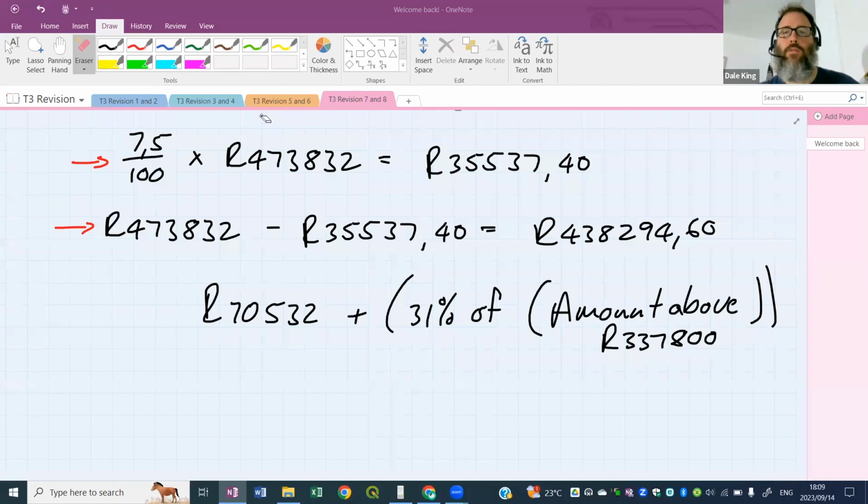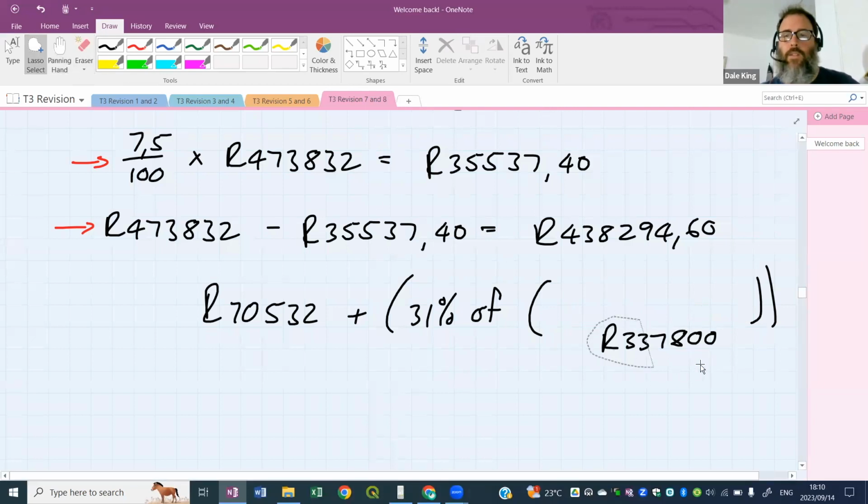What mathematical sum do I do in that bracket? How do I work out that amount? Somebody. Tehran's already done it. Okay, so we need to subtract, right? We've got to subtract it. So let me just write it in here.